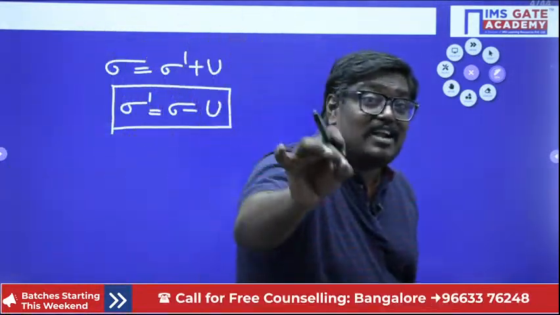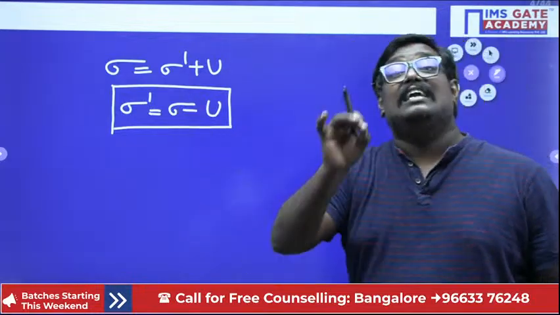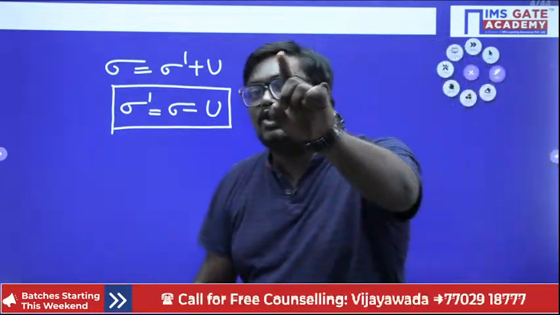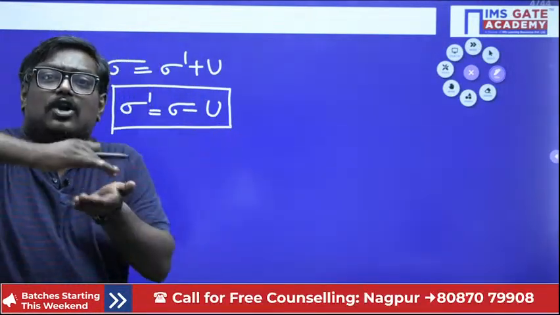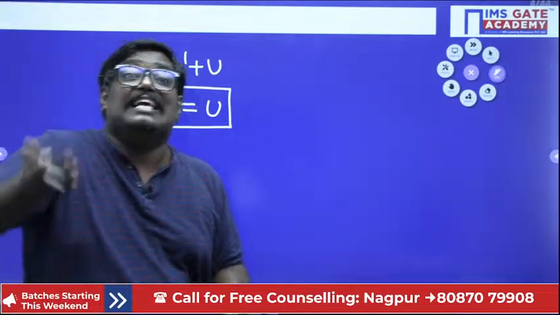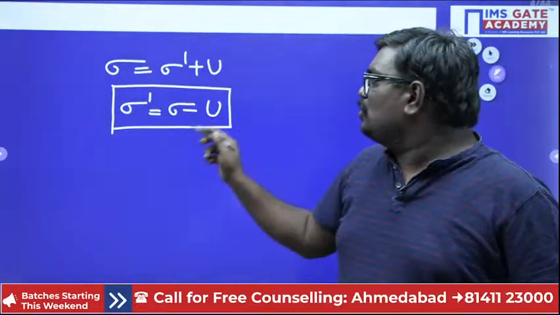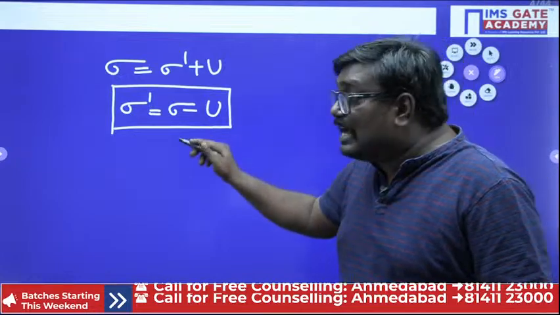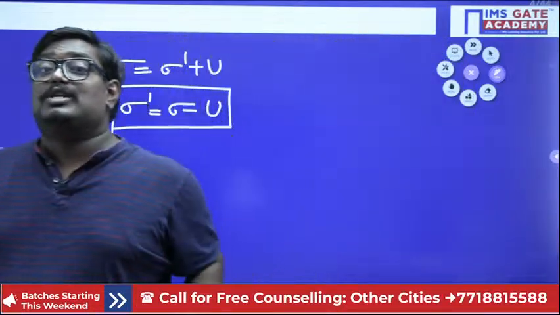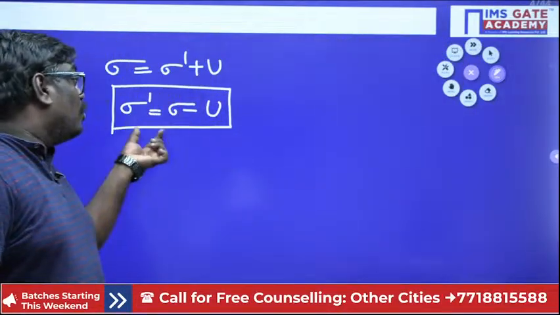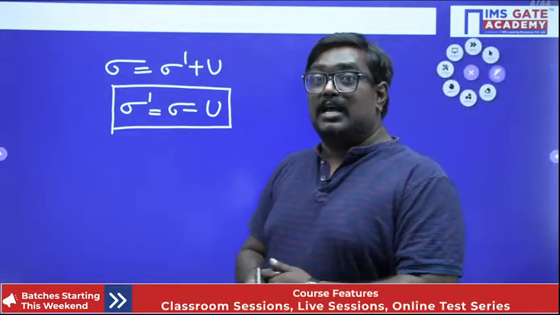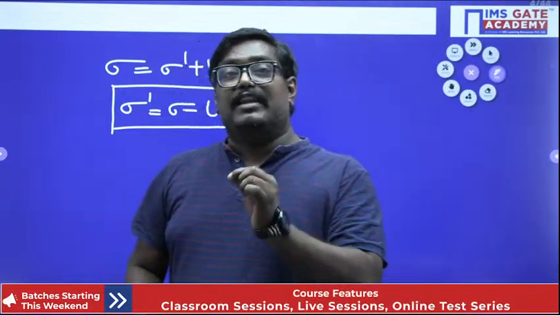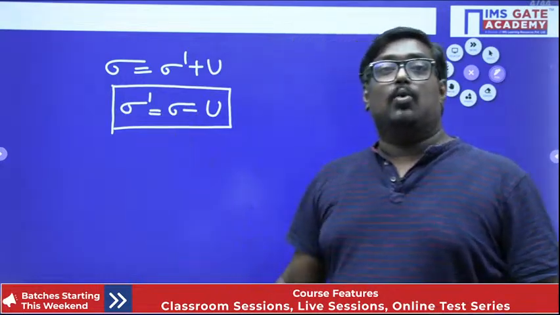You cannot find out the effective stress directly unless you know the total stress and the pore water pressure, based on how much the water has risen. Through that, you can calculate the pore water pressure. That is the reason effective stress can be calculated by knowing the total stress and the pore water pressure. So please write down this point, my dear students. Effective stress is the difference of total stress and the pore water pressure.